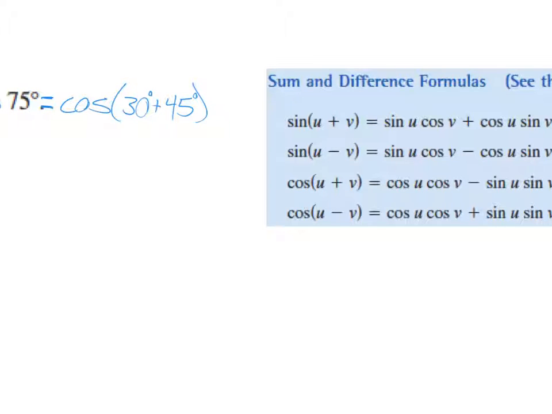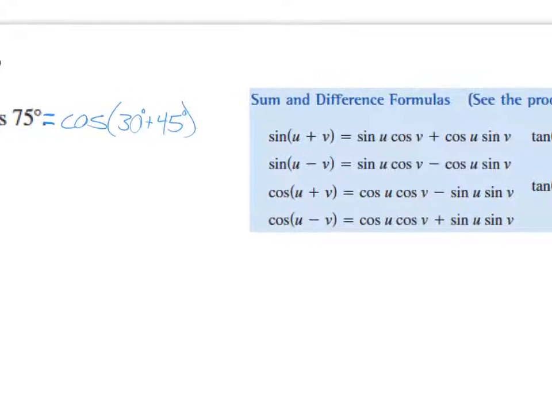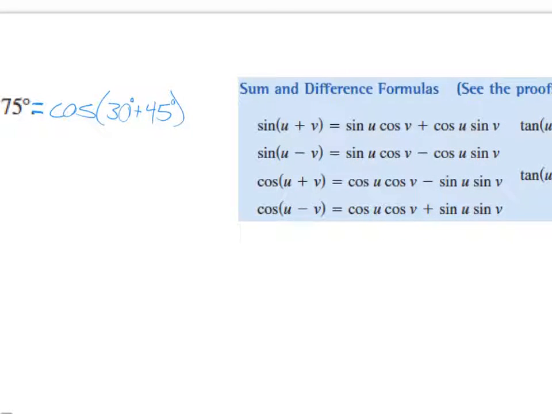Now we've identified u and v, and now we can use the cosine sum formula. Here's kind of the cool thing about this: this isn't the only combination you could use. You might have done 135 minus 60.